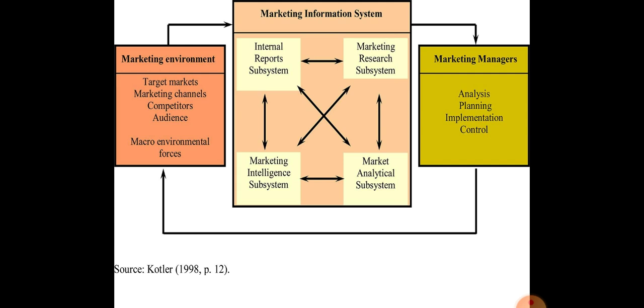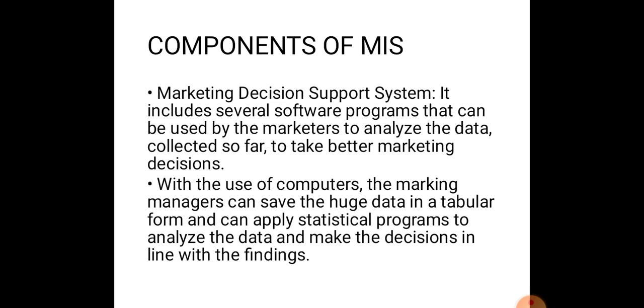So what are marketing managers doing in these components of MIS? Analysis, planning, implementation and control. Whatever the information collected by these four subsystems, they are analyzing the information, planning about it, implementing, and if there is any requirement of correction, they are controlling also. So it's a comprehensive diagram about the MIS.